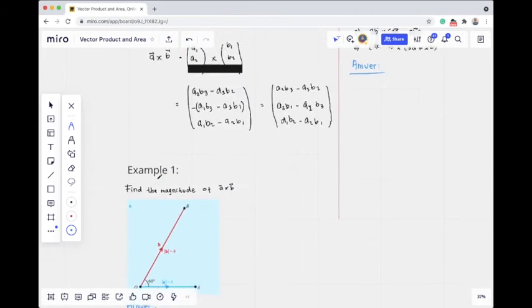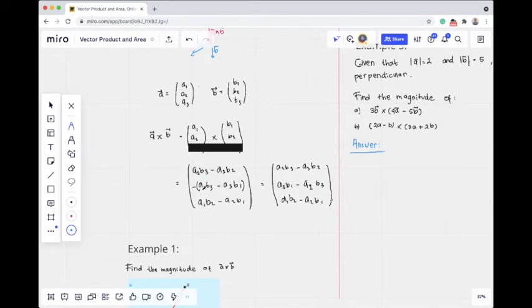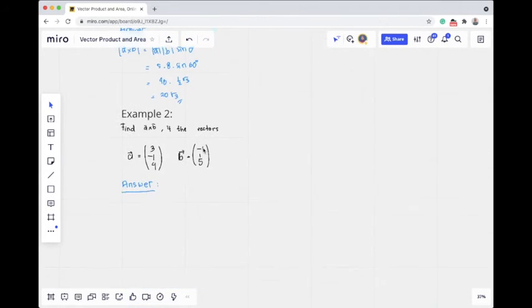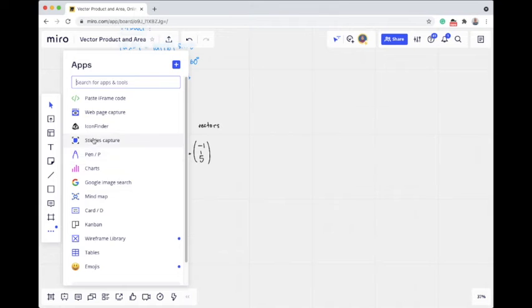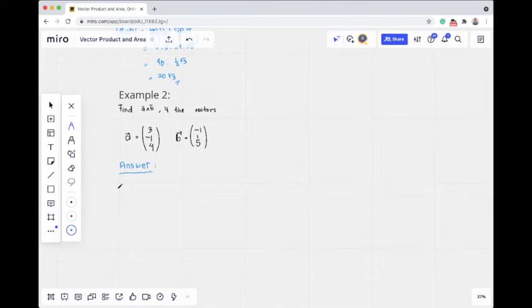So we use this process for example 2. Vector A cross vector B is 3, -1, 4 cross -1, 1, 5.